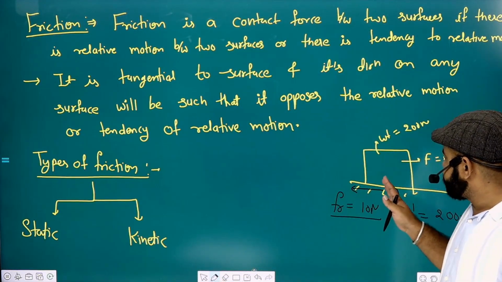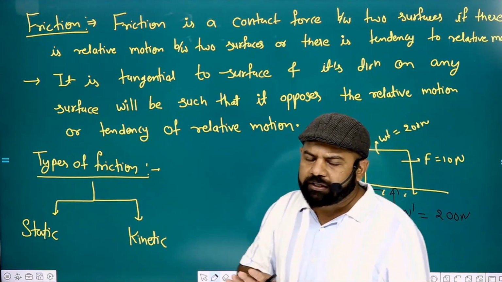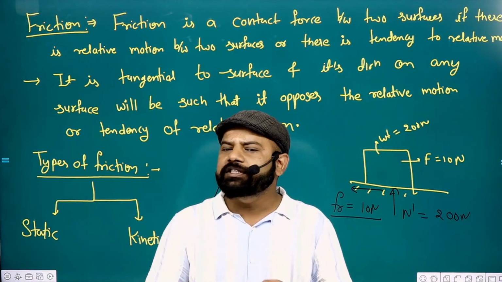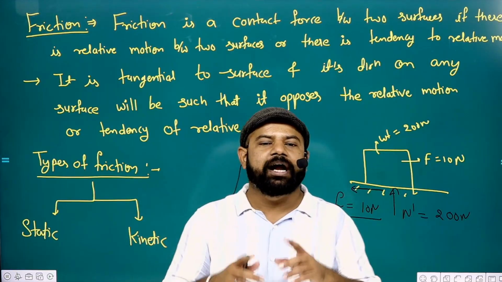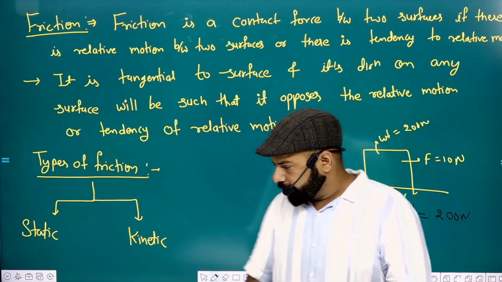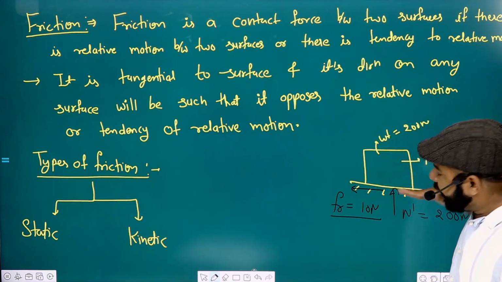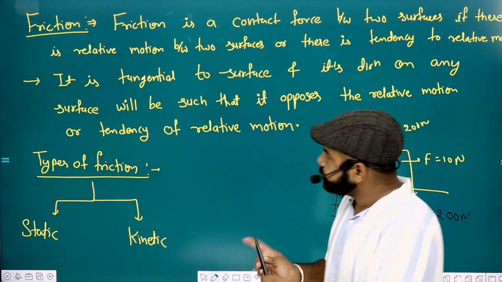And what will be its direction? It will act in such a way that it always tries to oppose that relative motion or tendency of that relative motion. And we have already discussed that this will act parallel to the surface.